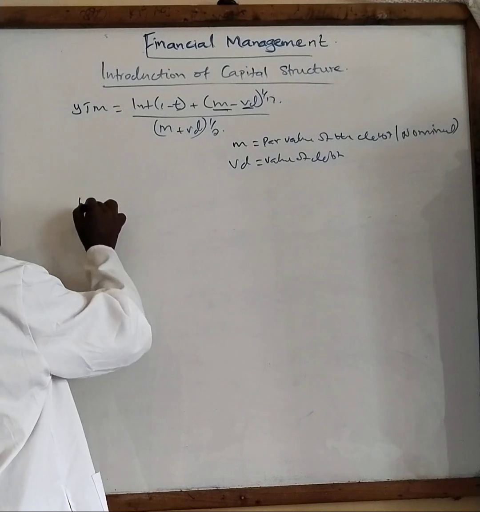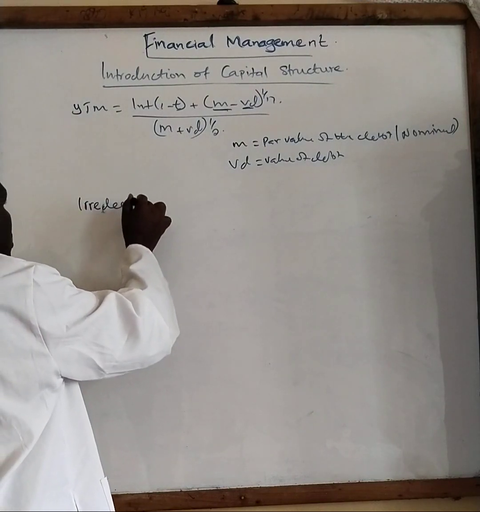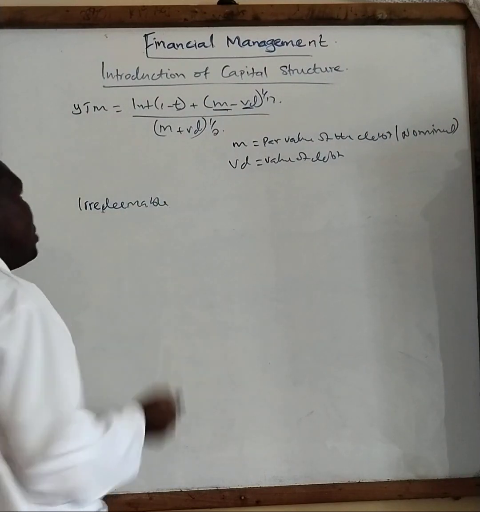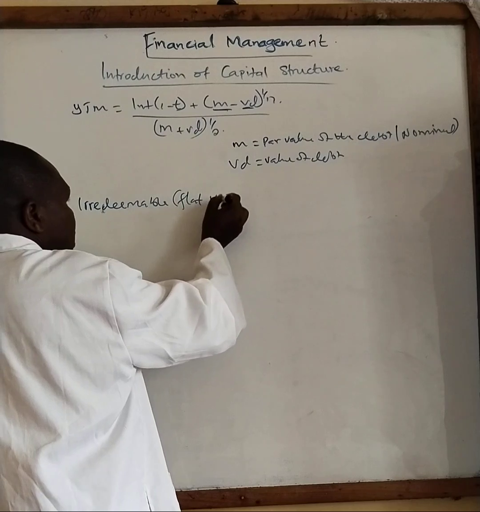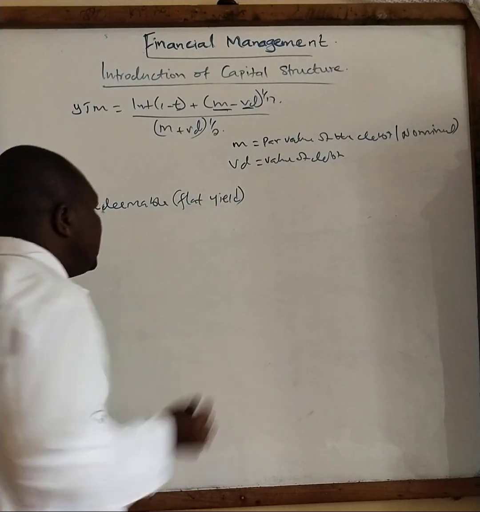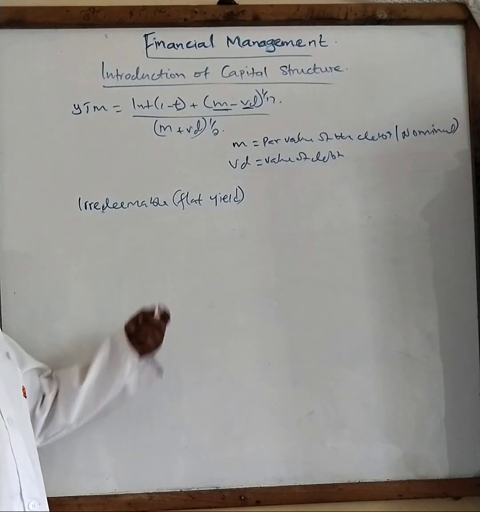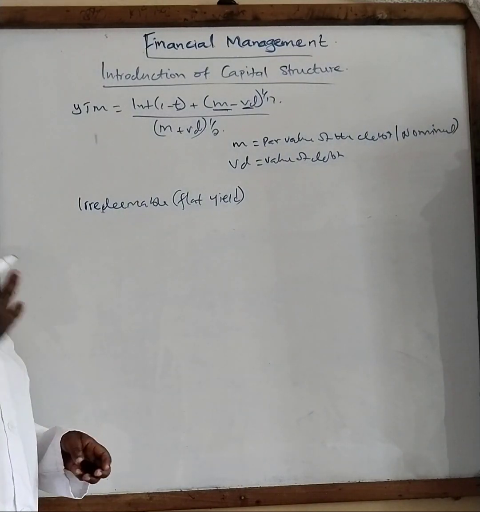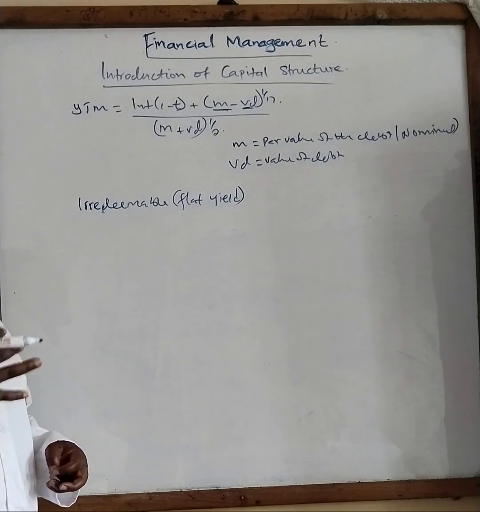We have irredeemable. Irredeemable here, we also call it flat yield. Flat yield in most cases means that this particular loan or debt will remain in the organization as long as there is no suggestion to wind up that particular entity.